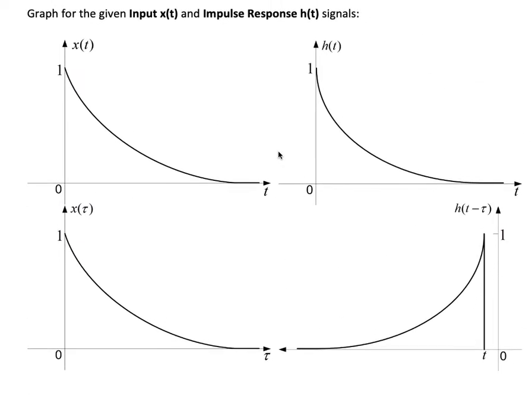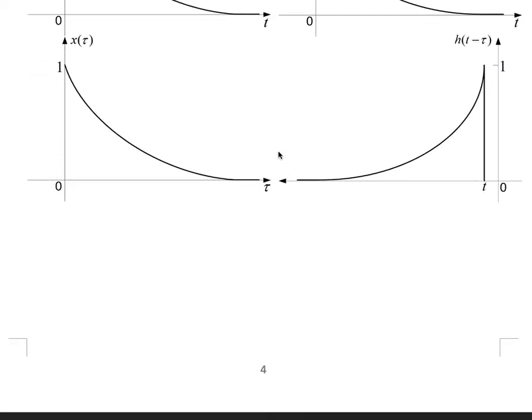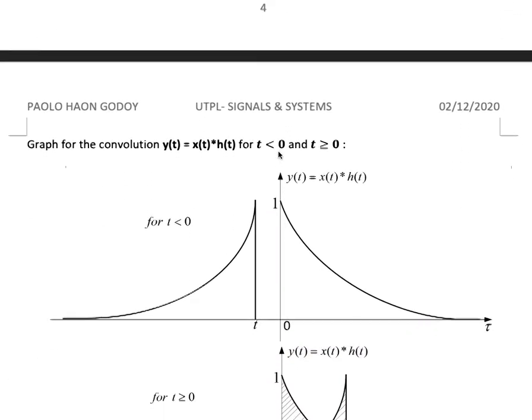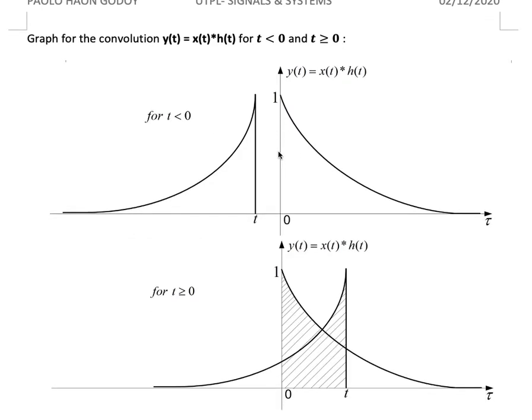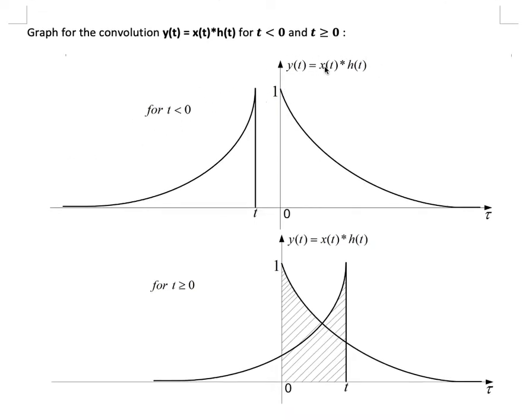Now that we have these two signals, I'm going to show you the following graph. What happens when we apply the convolution between these two signals? It means when we want to know about the output signal of the convolution between these two signals. For two cases: when time is less than 0 and when time is more than or equal to 0. The first part shows the convolution of these two signals when the time is less than 0.